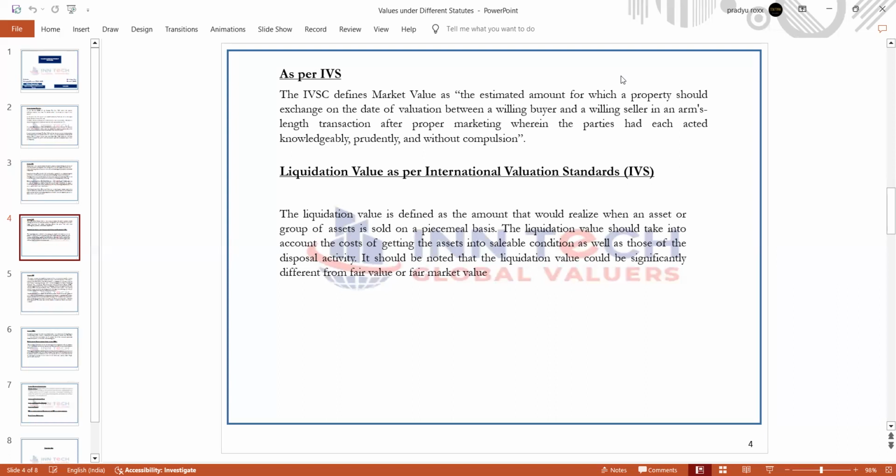Here, they say the asset has to be sold on a piecemeal basis. Again, you have to understand what a piecemeal basis means. This will be very useful for all our professionals who take up valuation for insolvency or for SARFAESI valuations also.